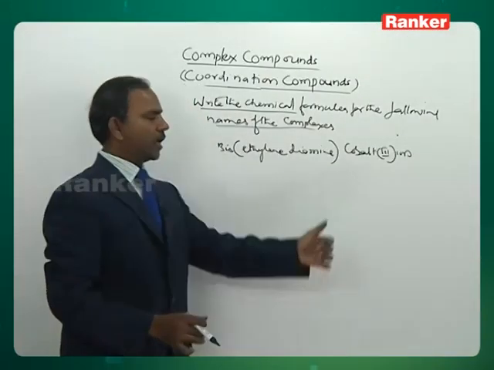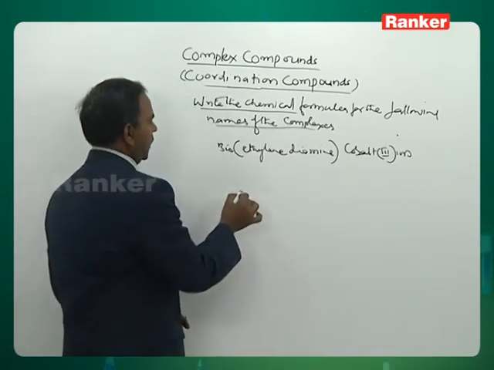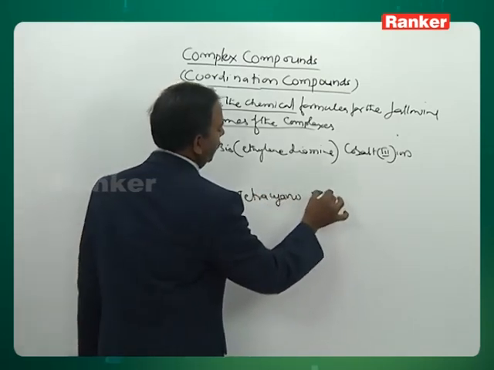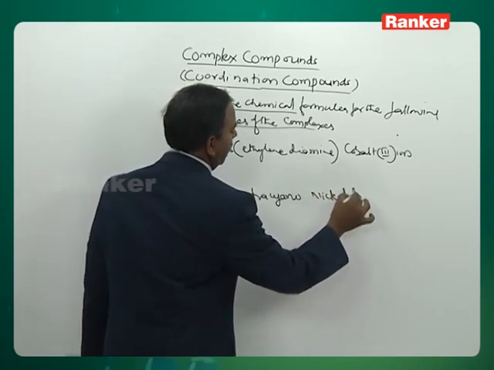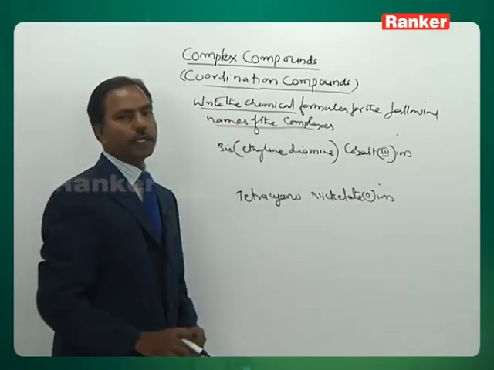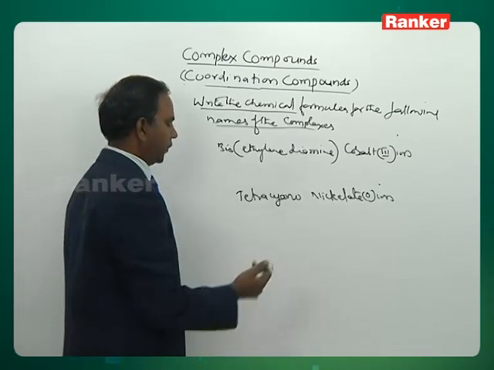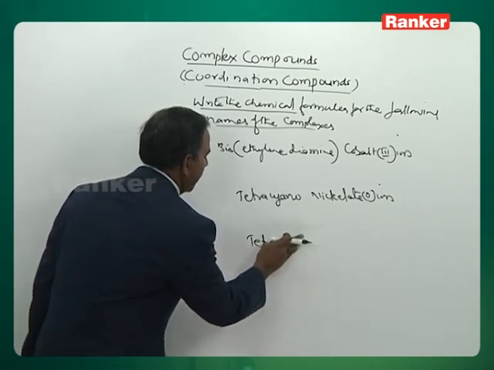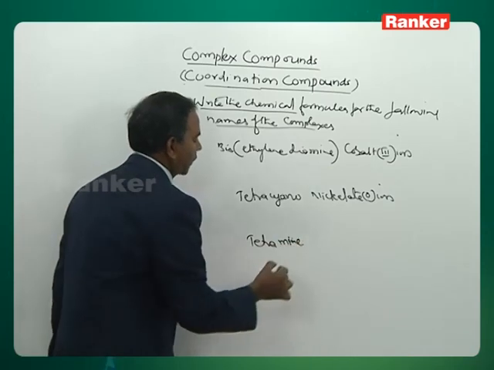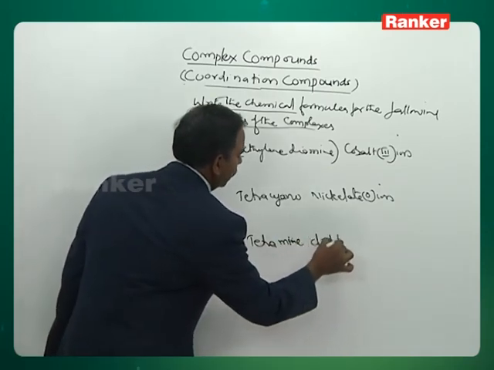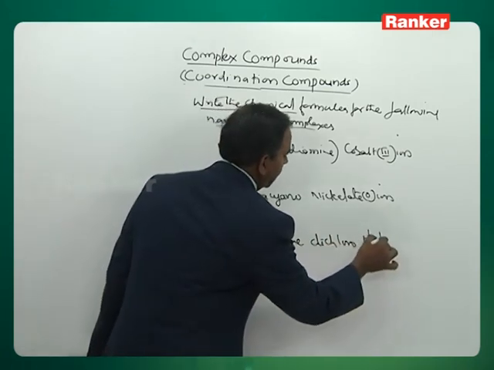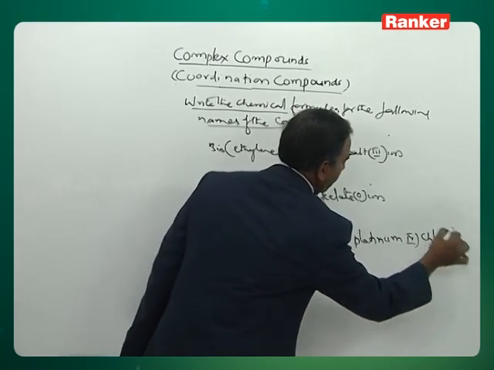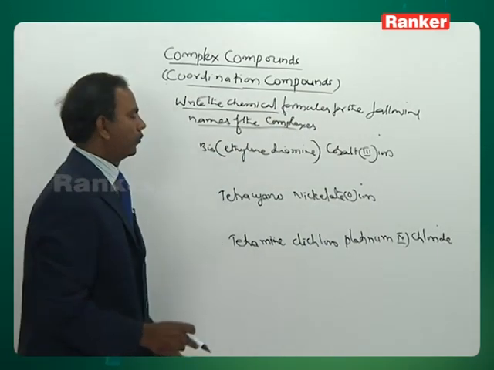Tetracyano nickelate 0 ion. Next, tetramine dichloro platinum 4 chloride.